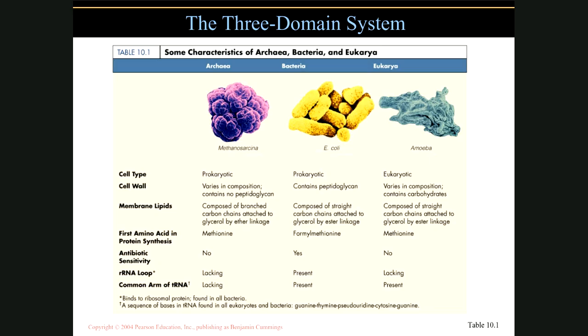And so the glycerol is bonded to the fatty acids with an ether linkage in the archaea. But in everything else, in the bacteria and the eukaryotes, the glycerol is bound to the fatty acids with an ester linkage. So these were 2 consistent differences. And so they decided to separate the archaea from the true bacteria and put them into their own domain of life.